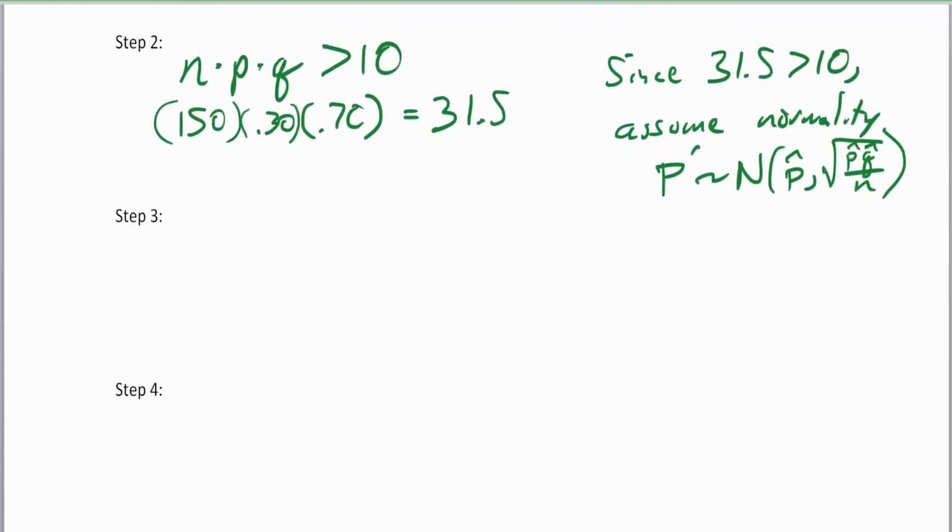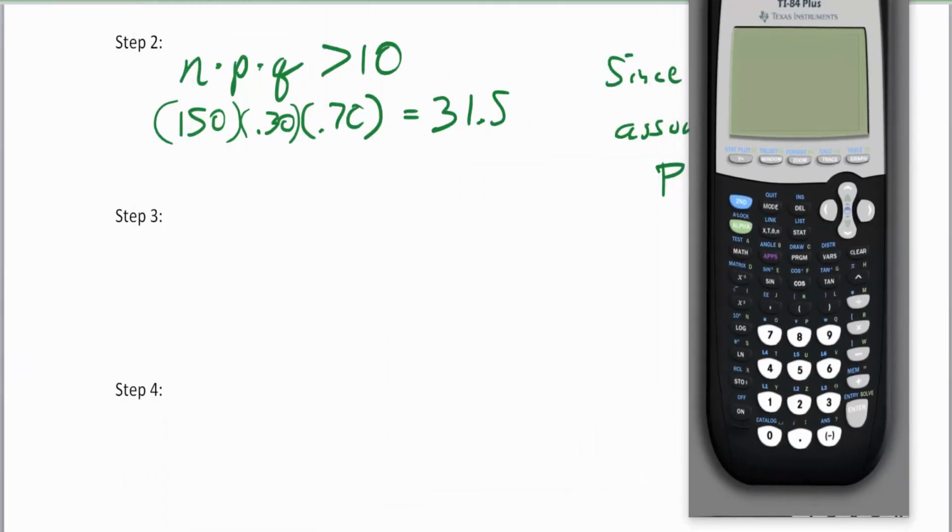So let's look at step 3. Let's get the calculator back. Let's turn it on and go back to the Stat button. Click over to Tests. Click down to 1-PropZTest, so hit the Enter button there. Now our p0 is 0.3. Our x is 35. And our n is 150.